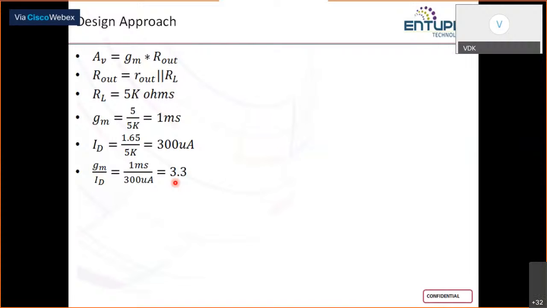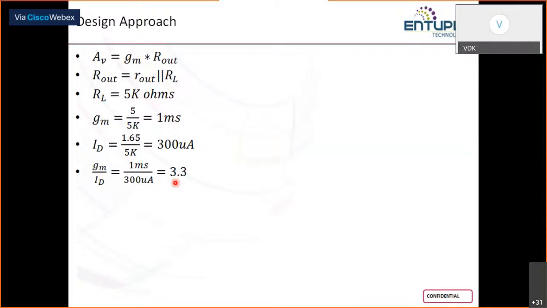Because RL is given, we computed ID from that. Then we know gm from the required gain, and we know ID from either the power dissipation or the quiescent drain voltage. Now we figure out the smallest minimum value of gm over ID. So this is the smallest value I get, 3.3.